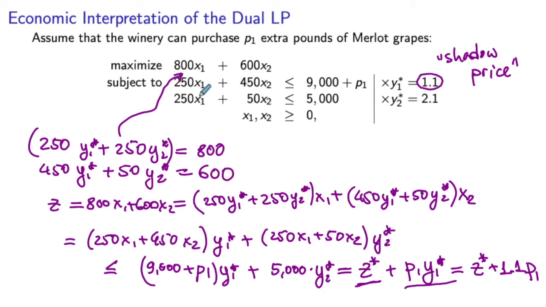For example, if our model explicitly stated that, let's say, you pay $2 per pound of Merlot grape, and these costs of grapes are already taken into account in this coefficient of 800 for the variable x1 and 600 for the variable x2, then since your regular price for a pound of Merlot grape is $2 and the shadow price is $1.10, you should be willing to pay up to $3.10 for an additional pound of Merlot grape for this to still make economic sense.